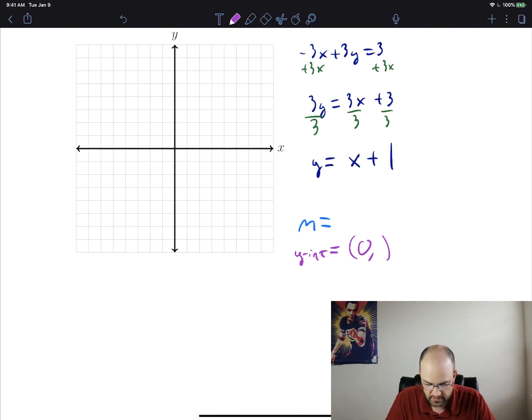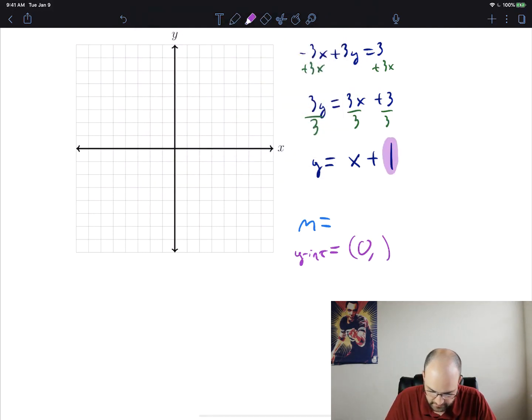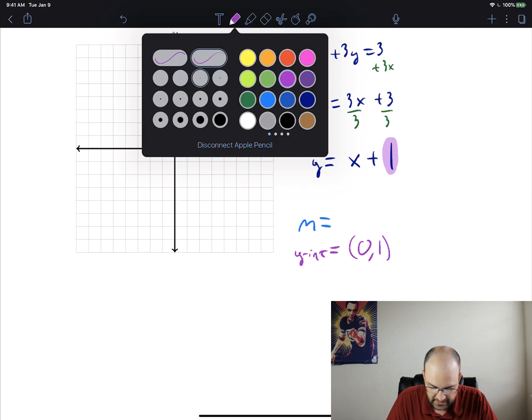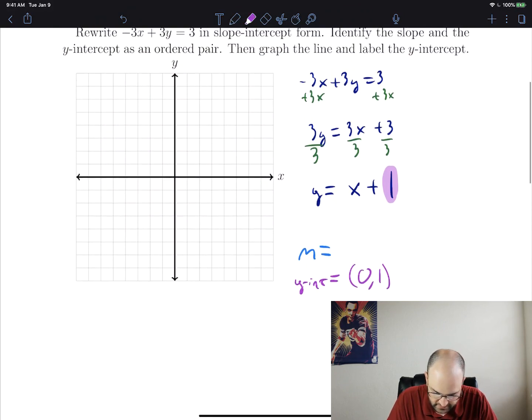And that number depends on what's out here by itself. Well, that's just 1. So 0, 1 is your y-intercept. As for your slope, it is always the number in front of x, which in this case is understood to be the number 1. So m is 1 here.